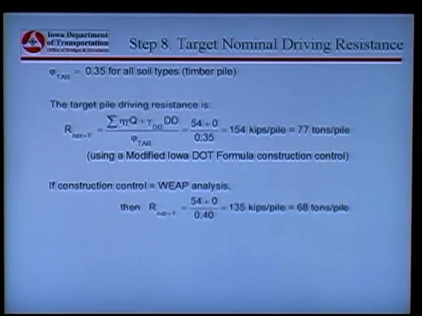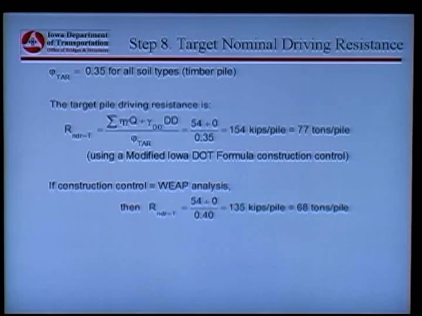So again, we want to find out what will be the nominal target driving resistance by rearranging the limit state equation. We have the same factored load of 54 kips, but what is different right now is the resistance factor. Right? During the design, using the Blue Book, we have a resistance factor of 0.5 that gave us the contract length. Right?